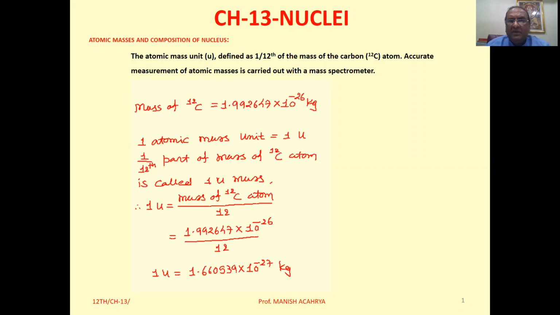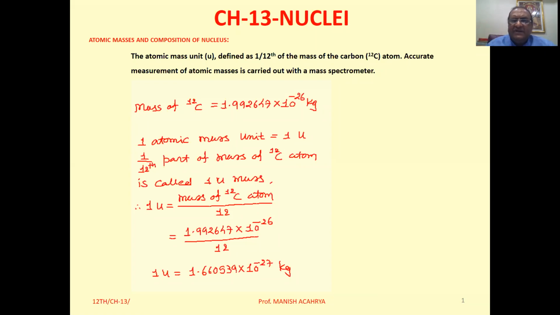So these types of species of the element are known as isotopes. Even the lightest one, hydrogen, also has isotopes like deuterium, tritium. And in the formation of that particular element, the composition of these isotopes is different.